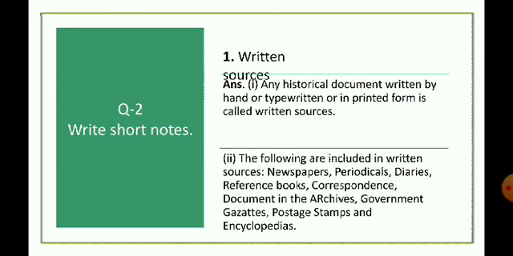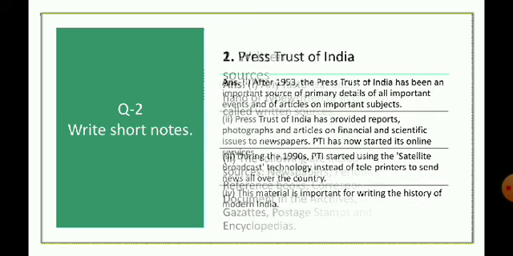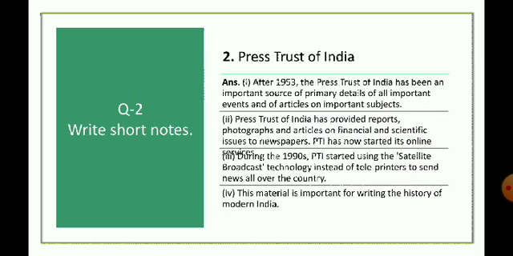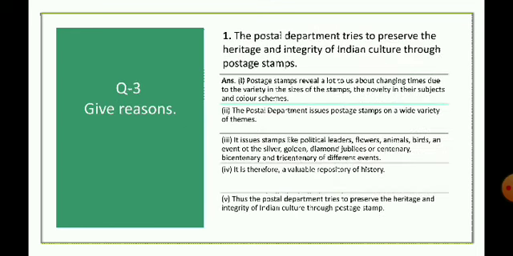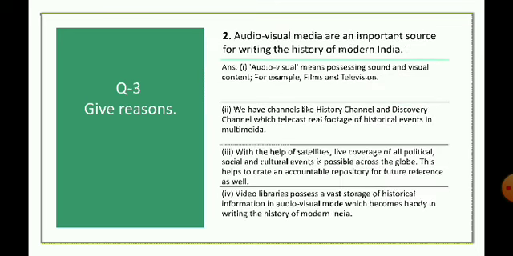Write it as it is in the notebook. Second one, Press Trust of India. Third, the next question is give reason. In this question also, children, you need to write the answer in points. The second, give reason.